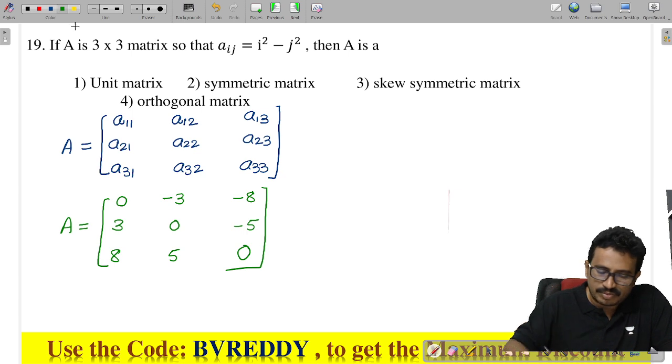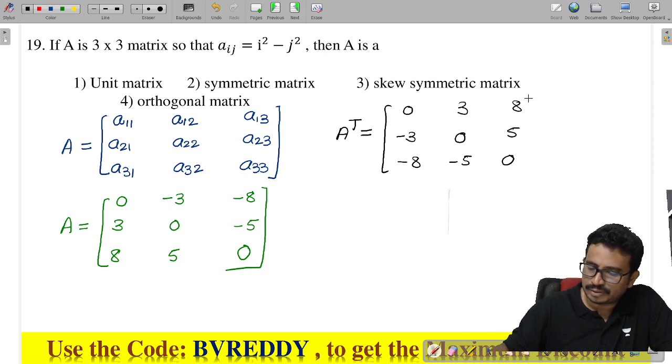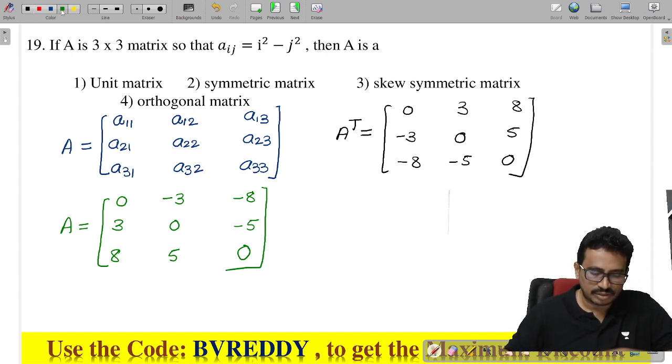Now if we check this matrix carefully, if I take the transpose of this matrix, tell me what I will get here: 0, minus 3, minus 8; 3, 0, minus 5; 8, 5, 0. Now can you tell me which option it is?